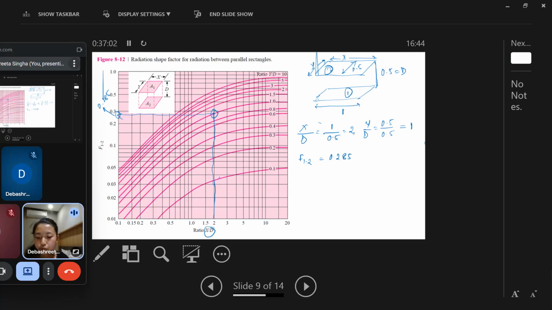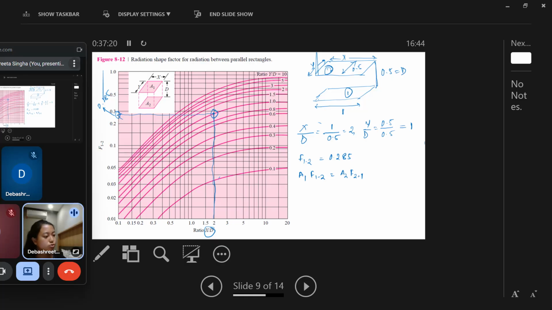Okay, now from the reciprocity rule we have, and also they are symmetric to each other.